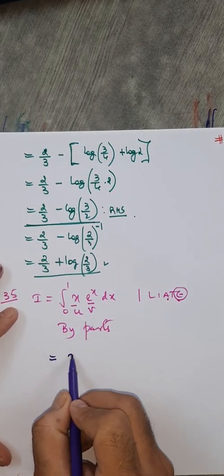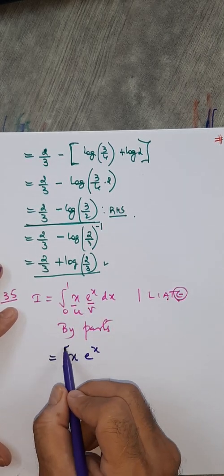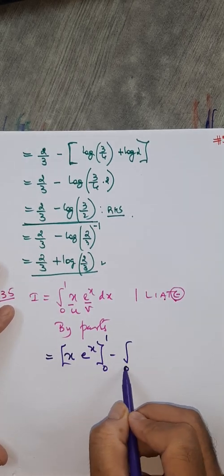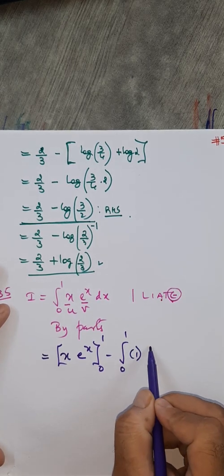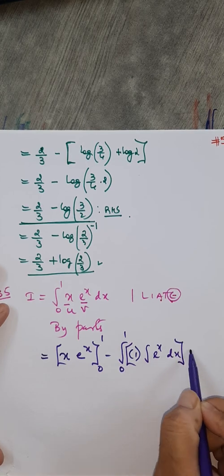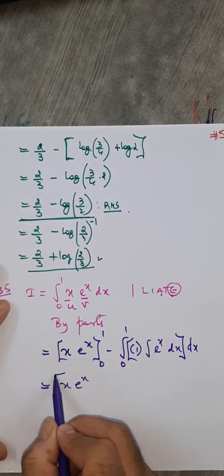that u will come out, x will come out, integral of e raised to x, limits are from where to where? 0 to 1, minus, inside the integral, derivative of x with respect to x is 1, integral of e raised to x, and then the whole integral. So one more step before I put the limits.